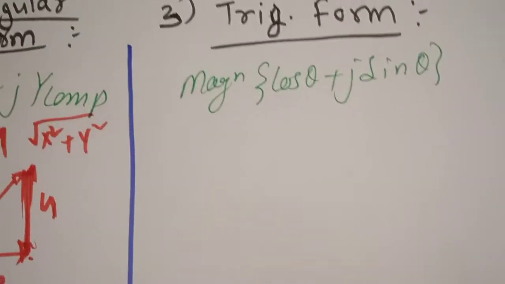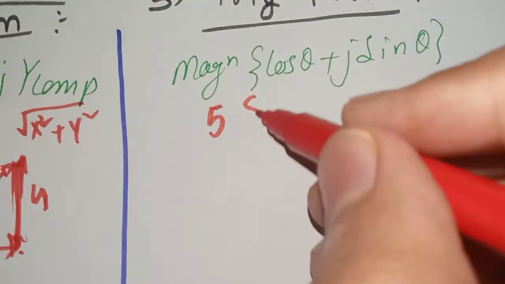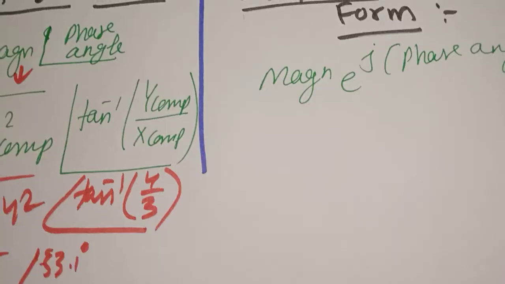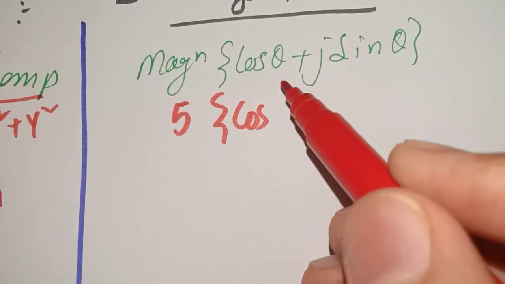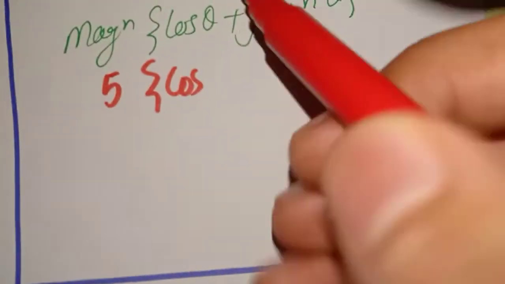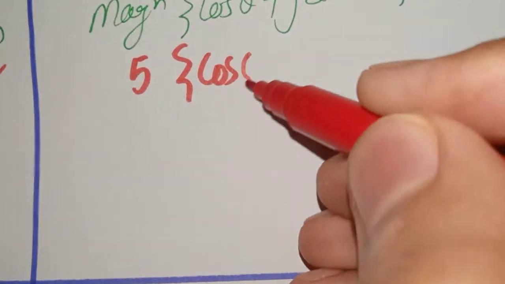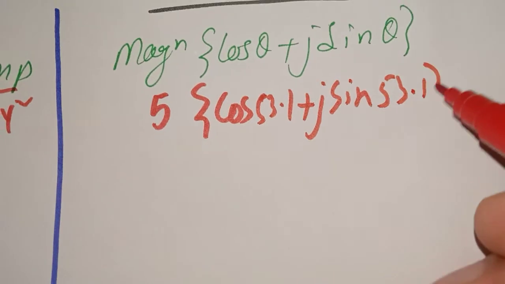Now let's see trigonometric form. The magnitude we just got is 5 times cos of theta. Now we got the phase angle is 53.1. This is theta. I have written phi here, it's the same thing. So theta is 53.1 plus j times sine of 53.1, right?